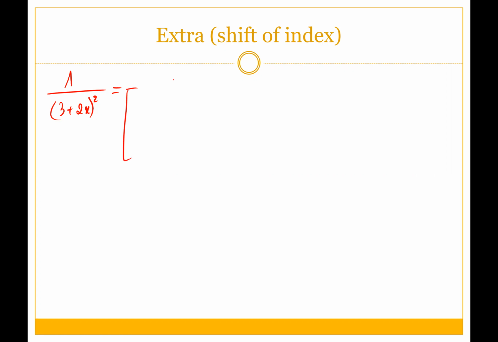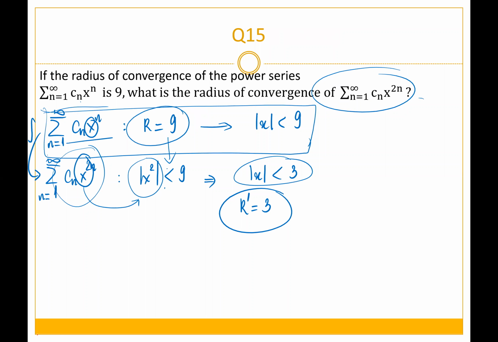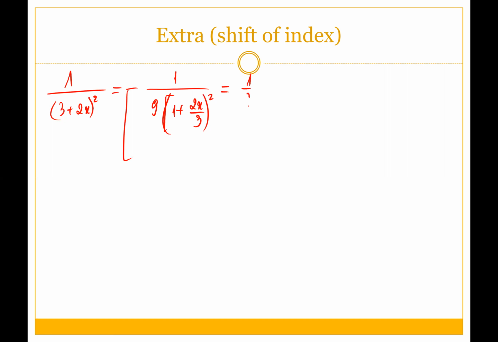You put it as 1 over 3 squared, which is 9, outside, and you divide everything by 3, so you have 1 over 9 times 1 plus 2x over 3, squared.